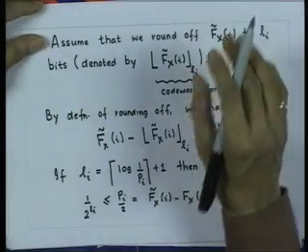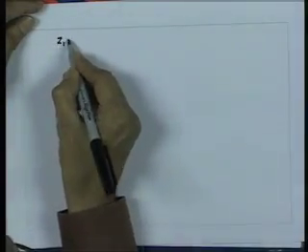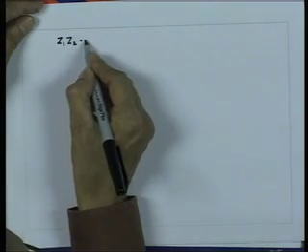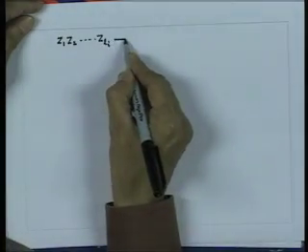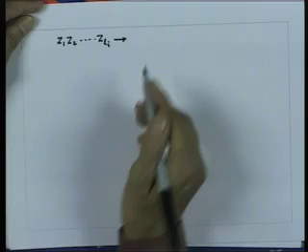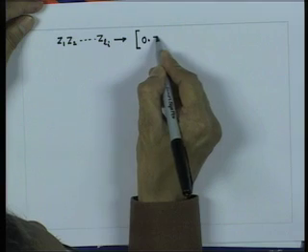Now in addition to requiring that the code word identify the corresponding letter or symbol, we also require the set of code words to be prefix free. To check whether the code is prefix free, we consider each code word, which is of the form Z1, Z2 up to ZLi, to represent not a single point but an interval.